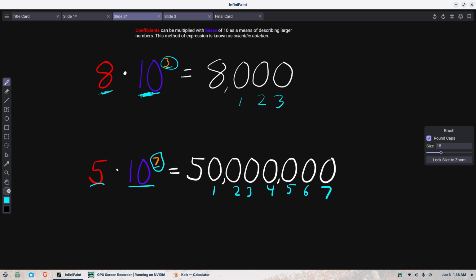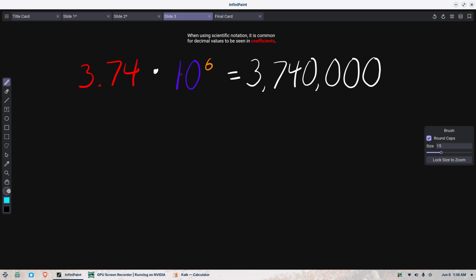And the reason for this is because quite often decimal points will appear in the coefficients when using scientific notation. So you can see here that we have 3.74. It's being multiplied by 10 to the 6th power. And we actually only have 1, 2, 3, 4 zeros in the digit columns, which does not necessarily match up with the 6 that we have here.